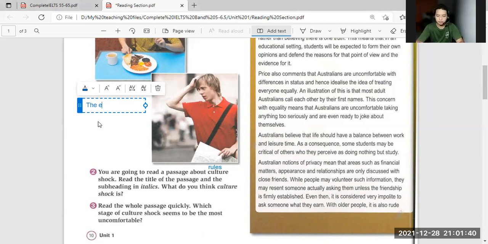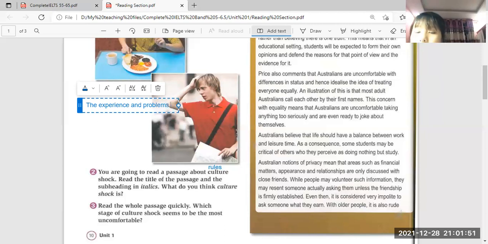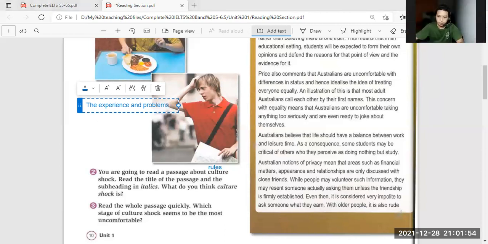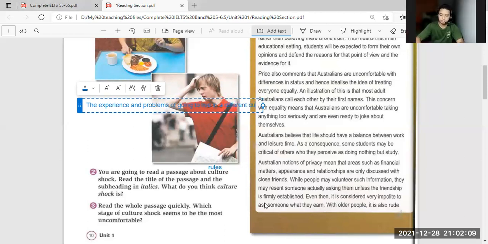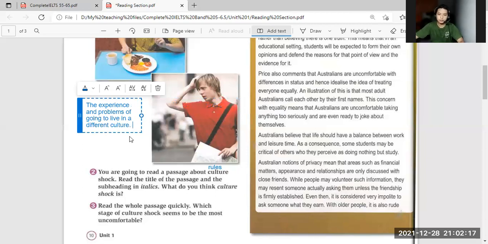So culture shock is the experience and problems of going to live in a different culture. Okay, culture shock is the experience and problems of going to live in a different culture.